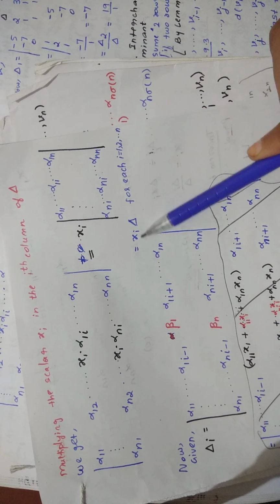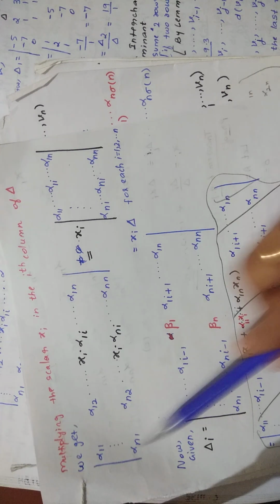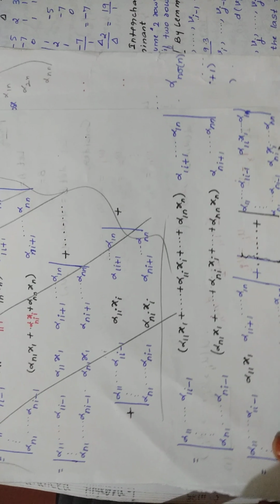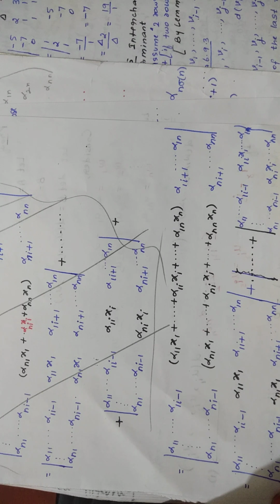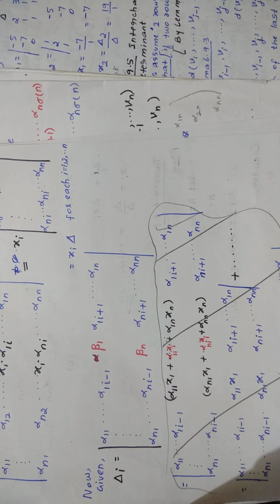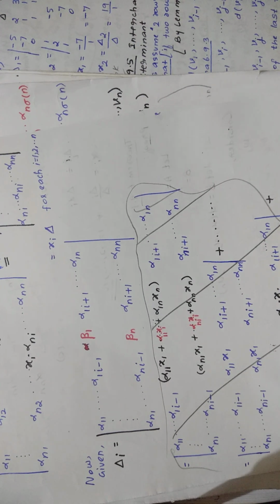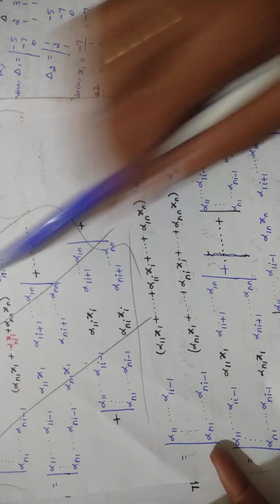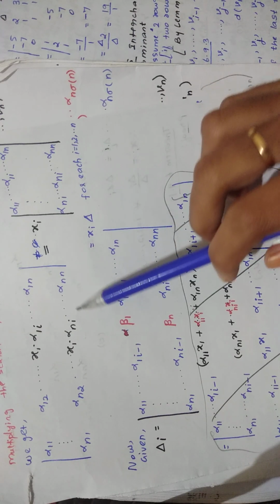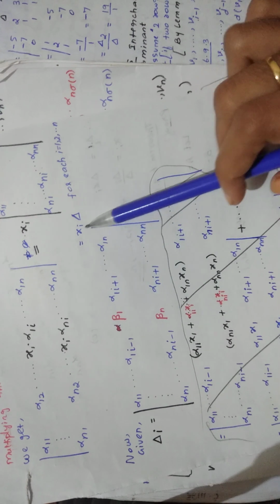Okay, here you are having a value xi delta is equal to this, right? So that is why here in the place of this, wait a minute, yeah, the value of, I'm so sorry, you are having this here, this and this are same determinants, so you've already found it, the value this is equal to xi delta.